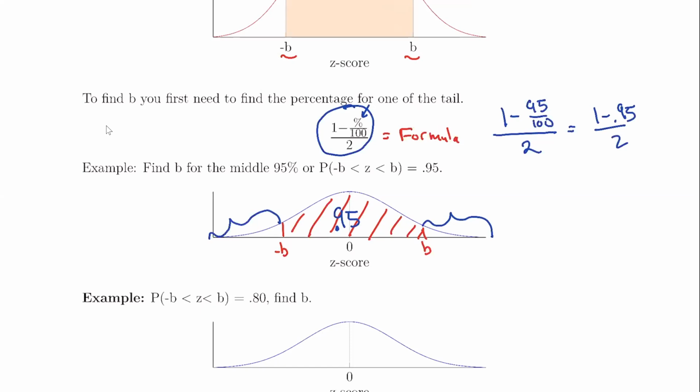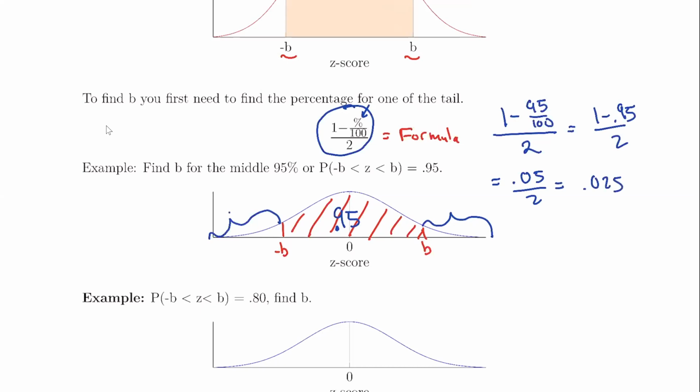What's 1 minus 0.95? Let me check that again. That's 0.05. There you go. And lastly, what's 0.05 divided by 2? 0.025.